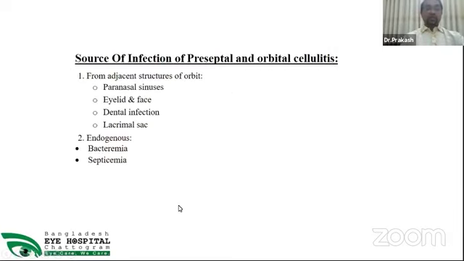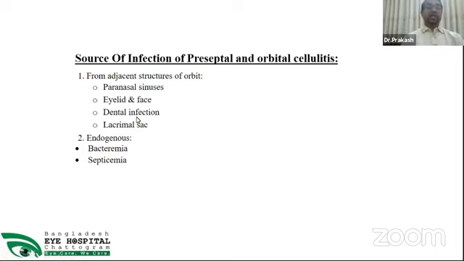And the source of infection in both preseptal cellulitis and orbital cellulitis is the same. The sources of infection are adjacent structures of the orbit, like the paranasal sinuses, surrounding sinus, eyelid and face, and dental infections.